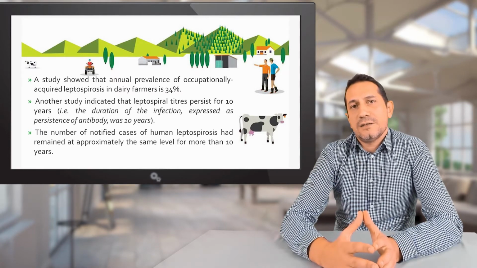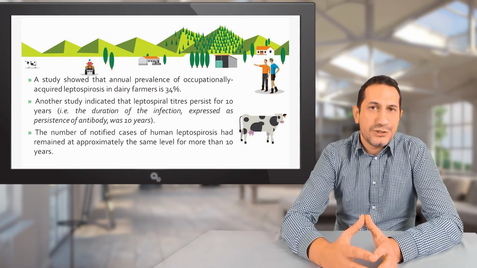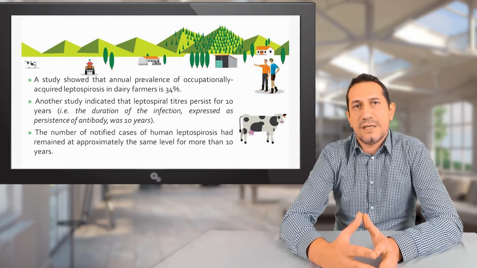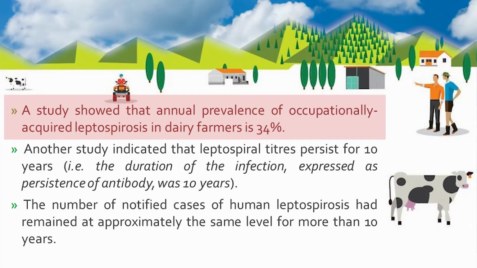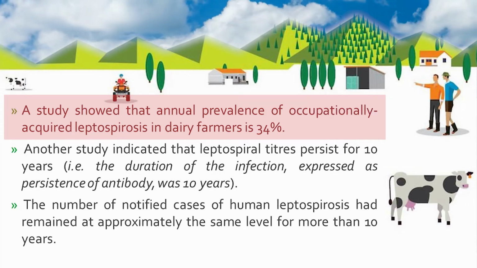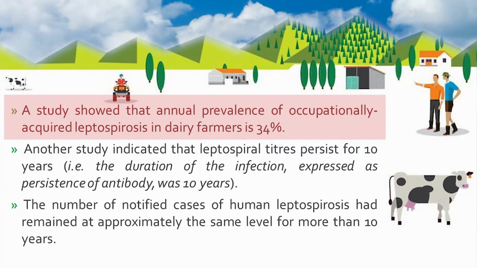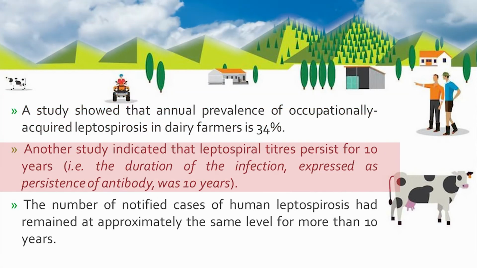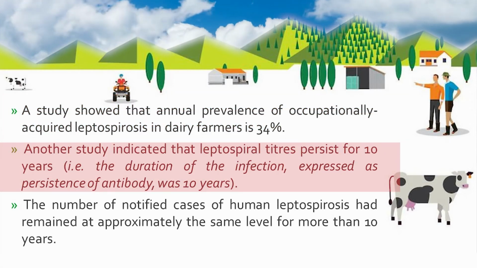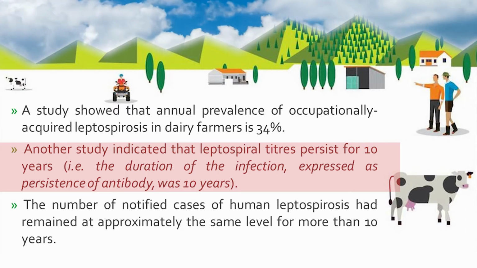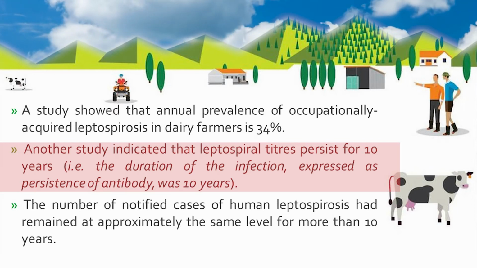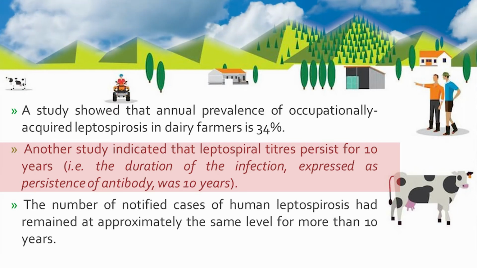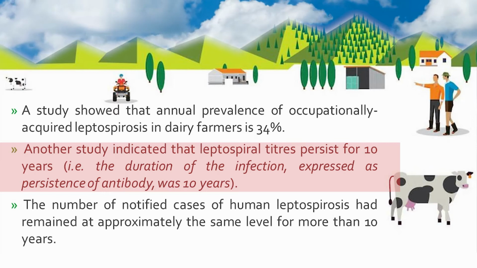So let's see an example for the incidence rate. We are taking as an example leptospirosis, which is a zoonotic disease, and a study showed that the prevalence of acquired leptospirosis in farmers was 34%. In another study it was indicated that leptospira persisted for 10 years, so the average duration of the disease was 10 years.